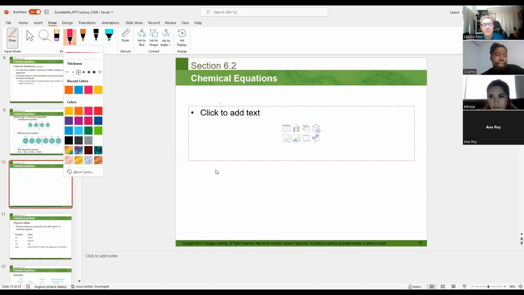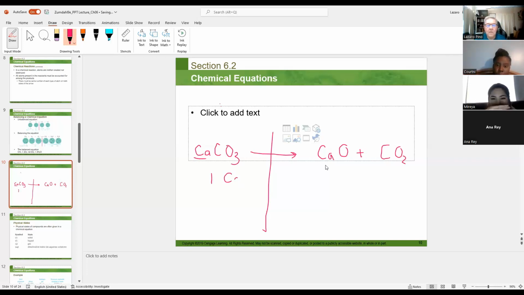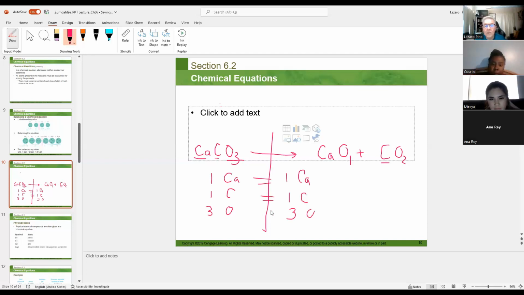If you have, for example, calcium carbonate, because of this reaction, you have calcium oxide and carbon dioxide. Here I have 1 carbon, and here I have 3 oxygen. I'm talking about atoms, okay? And here you have 1 and 2, and the number is the same.